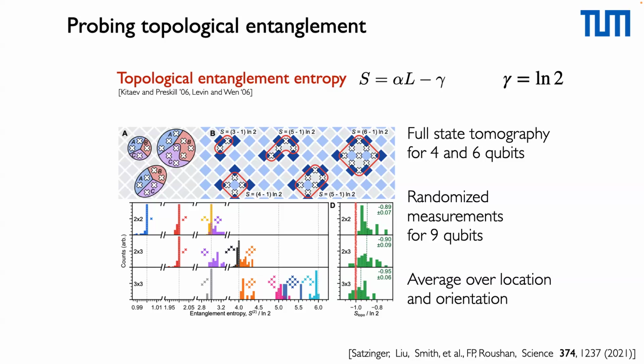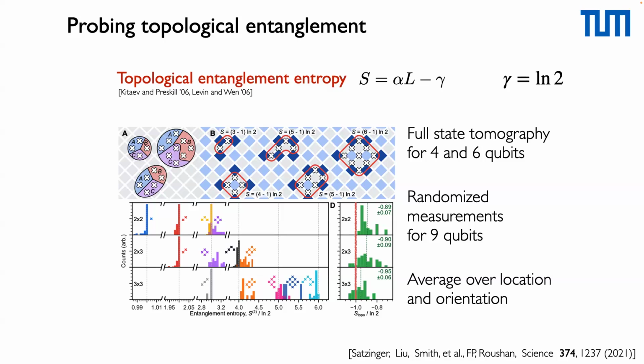Now, having prepared the ground state on the quantum computer, we can directly measure the entanglement entropy. For small enough blocks that we cut out of our ground state, this can be done using full state tomography, so we can directly measure the reduced density matrix. For larger ones, we use what's called randomized measurements for sampling the Renyi entropies.